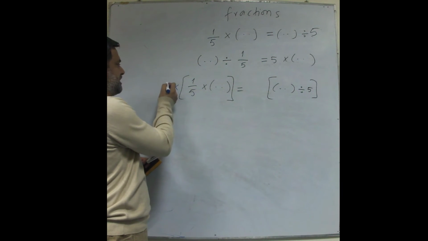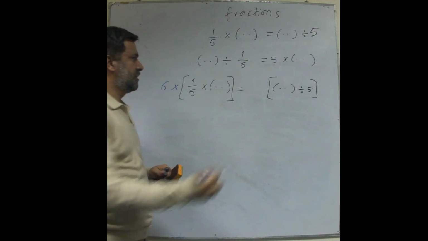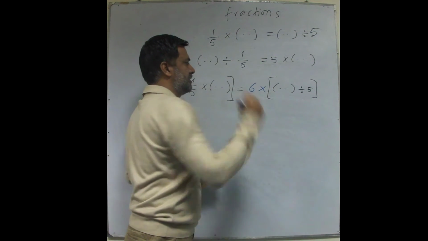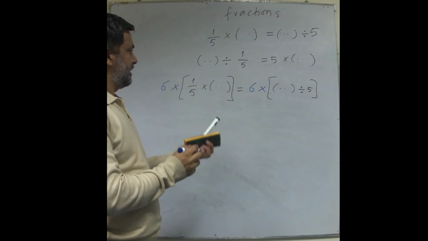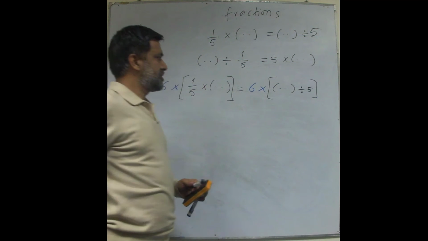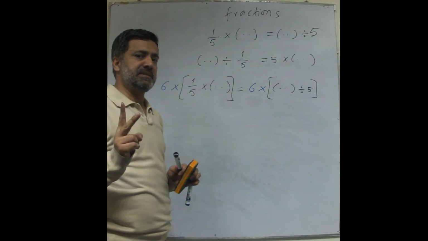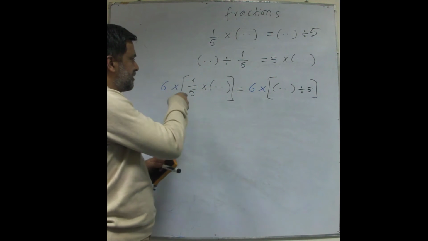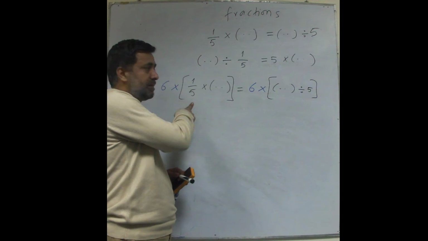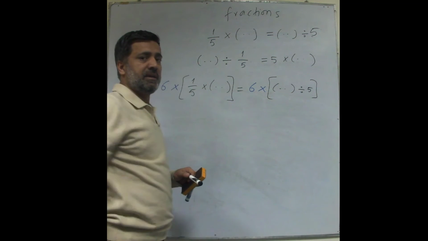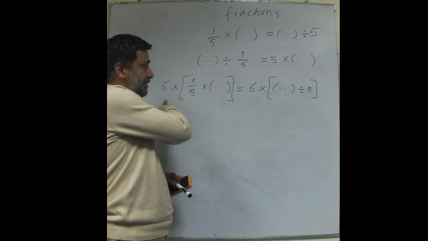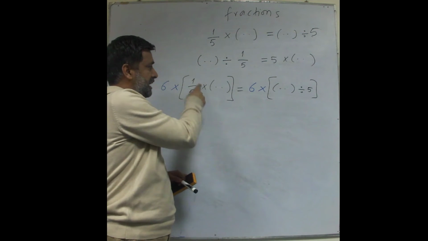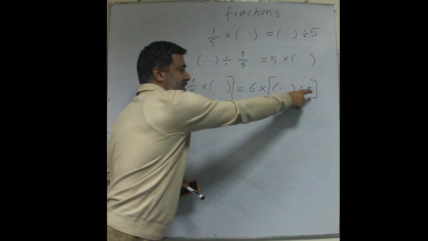Let's say I multiply this by 6. Of course. So look carefully. And this can be anything. So actually I am combining two operations. Yeah? First I multiply by a fraction, which is actually division. And then I multiply, this is the real multiplication.